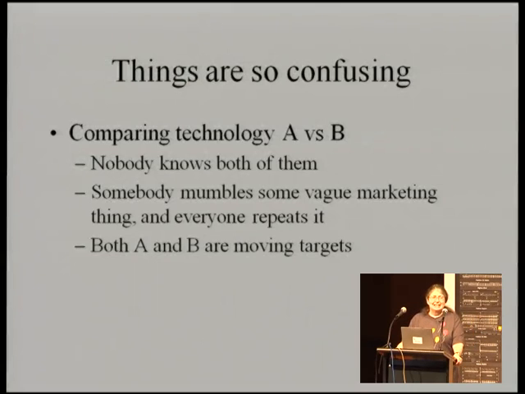So one of the things I like to try to puzzle out is when there are 2 competing things, technology A versus B, I want to get to the heart of what's really different about them, what's better about one versus another, but no one else seems to know both of them. And so I'm presented with 2 600-page specs, all in their own incomprehensible jargon, and to puzzle out what's better about one versus another, I might try to save myself time by asking a specialist in technology A, how does it compare with B?